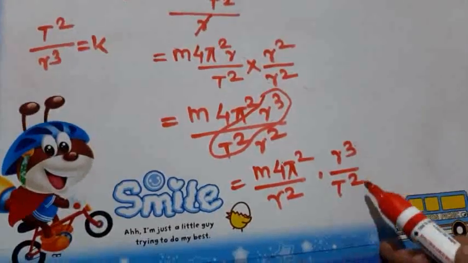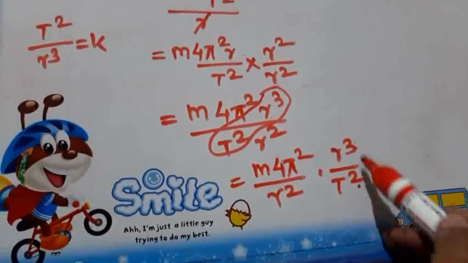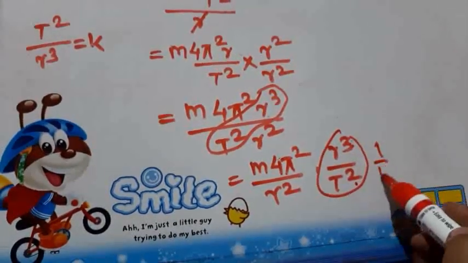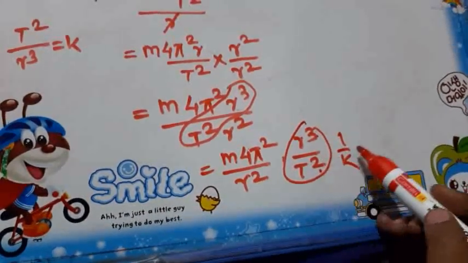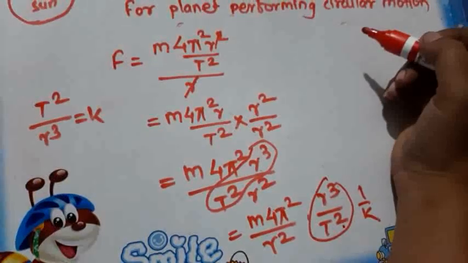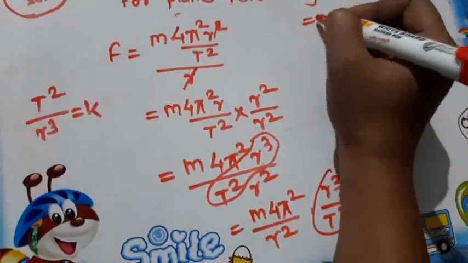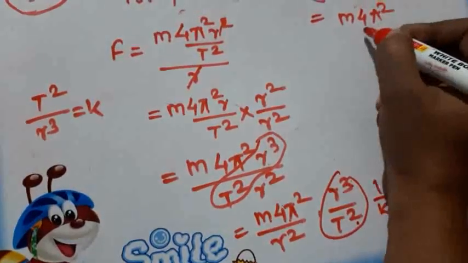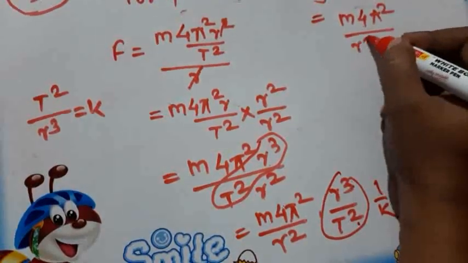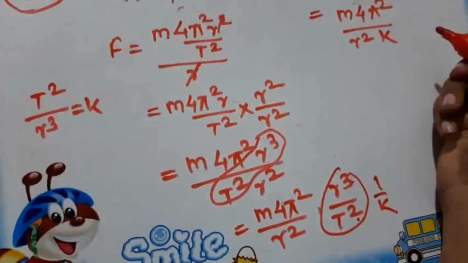But here this term is opposite, r cube by T square. So it will be 1 upon k. So instead of r cube by T square, we will write 1 upon k. So the equation will become m 4 pi square divided by r square k.